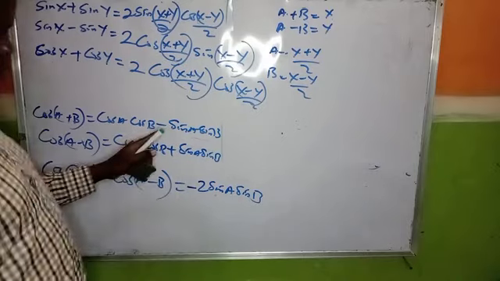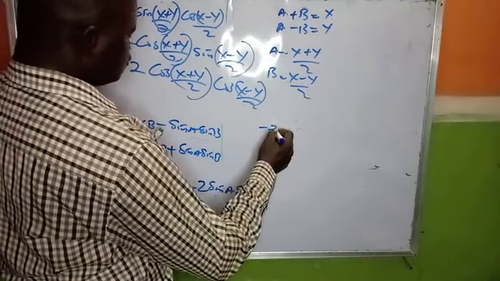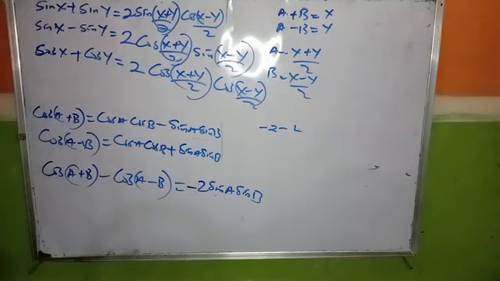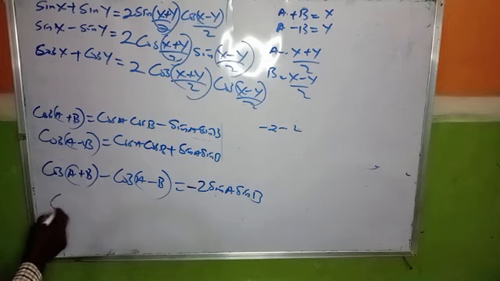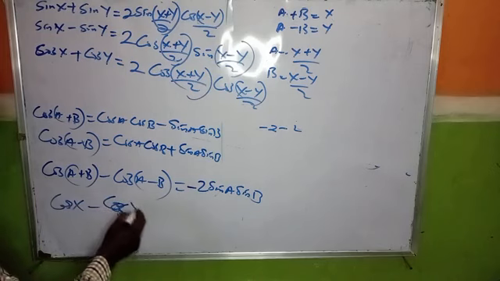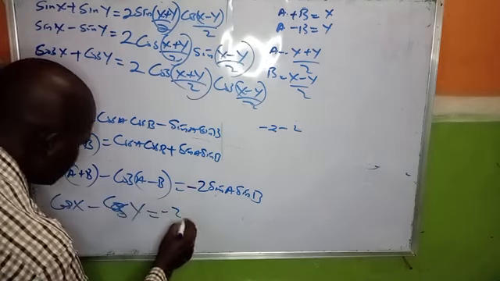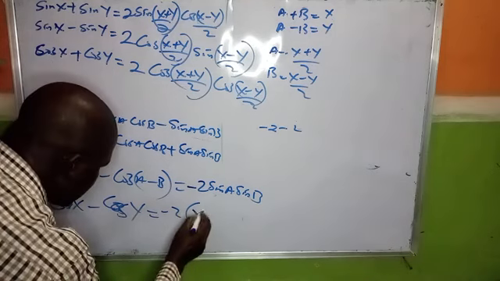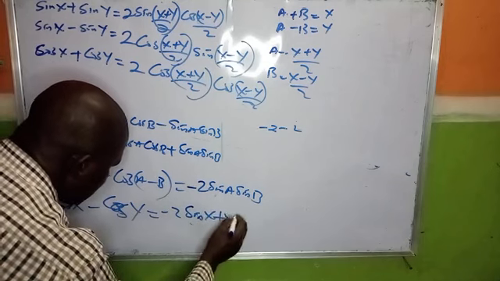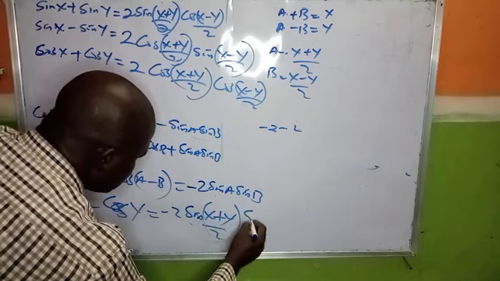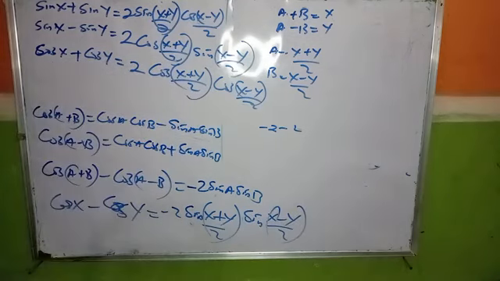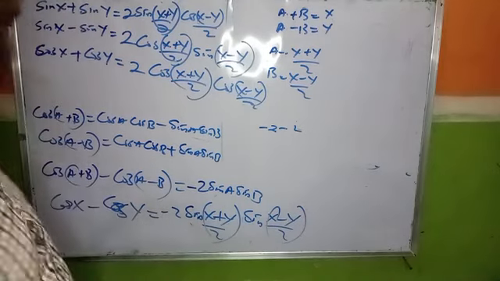Then you replace it again. This one you have as cos x minus cos y equal to minus 2 sine x plus y over 2 sine x minus y over 2. So you have it like that. So that's it.